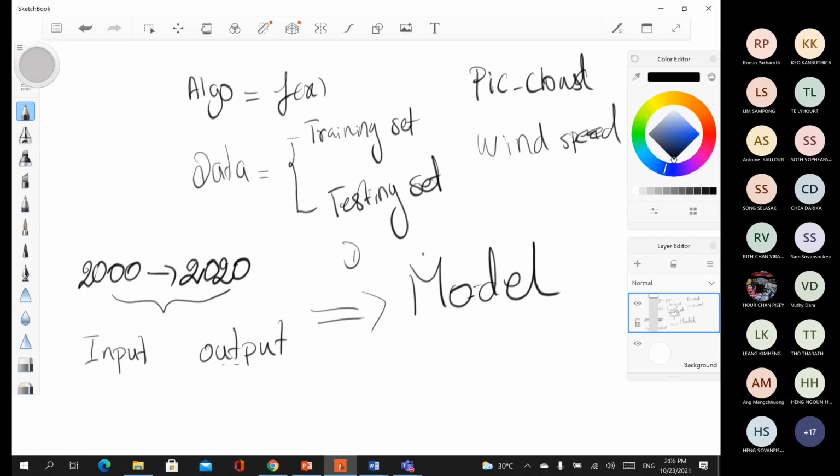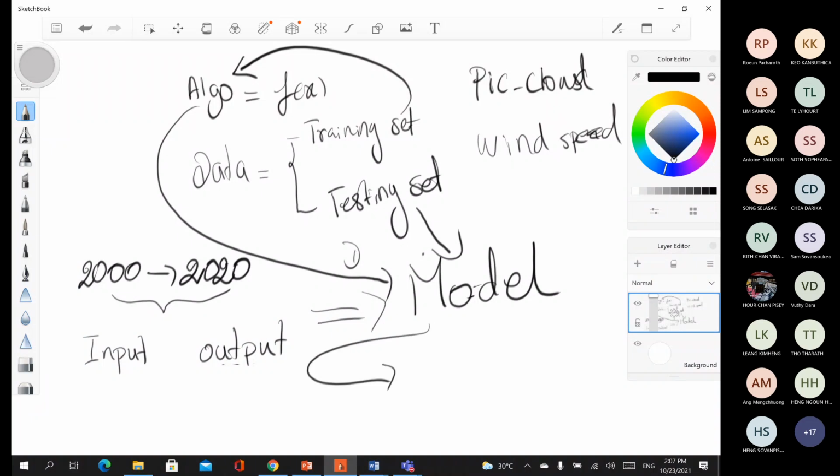In order to make sure that our model works or not, we put the testing set into our model to evaluate whether the model is usable or not. We call this process validation. When we put the testing set to validation, we get a result, which means our model is accurate enough to use or not.